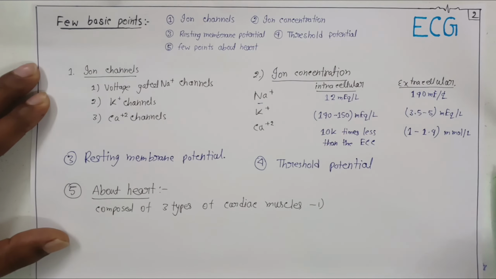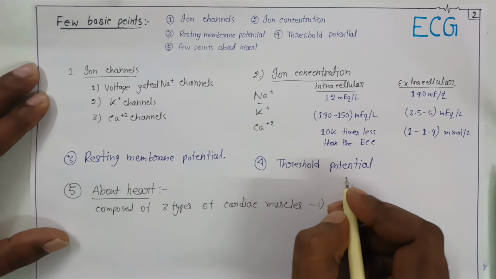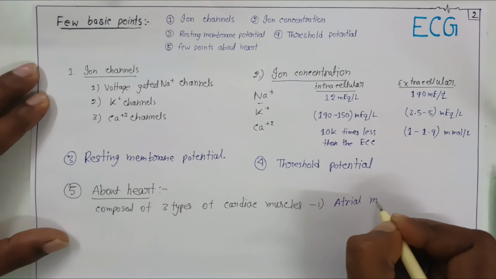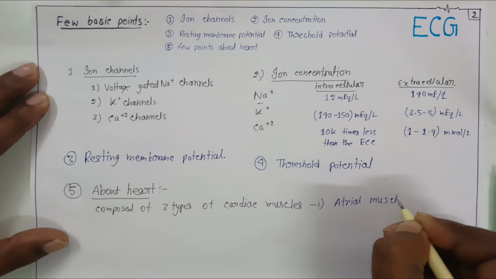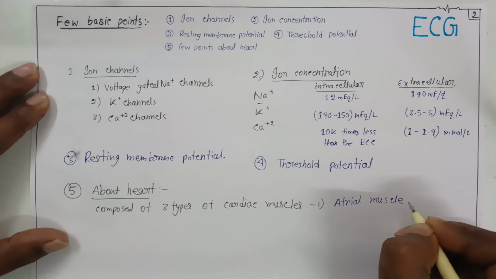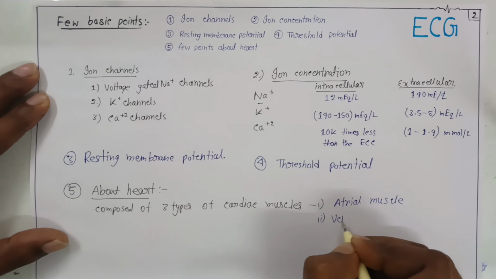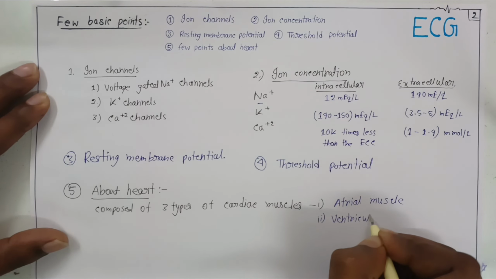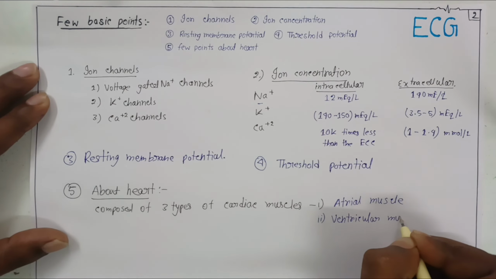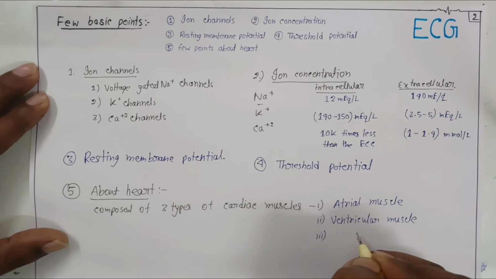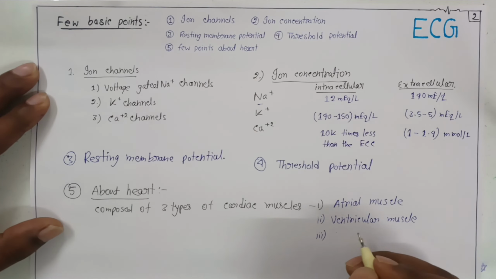Number 1, atrial muscles. Number 2, ventricular muscles. And number 3, specialized excitatory and conductive muscle fibers.